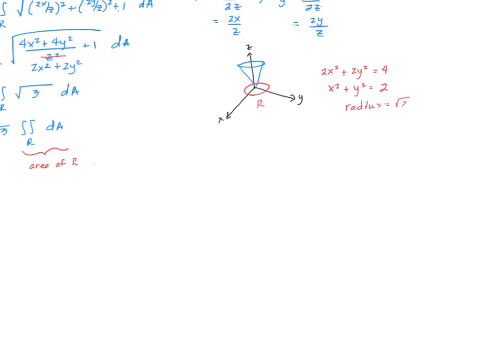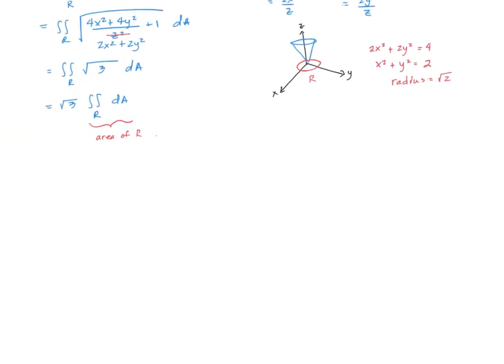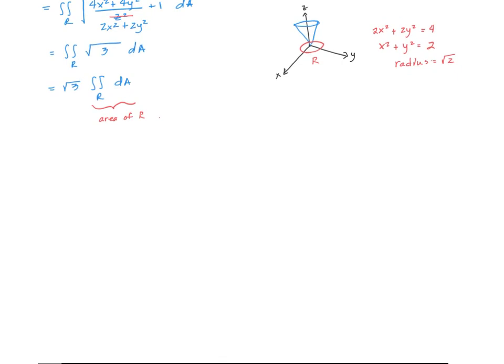So my region R is simply the area of a circle of radius square root of 2, and my integral is the square root of 3 times pi r squared, which would be 2 square root of 3 pi.